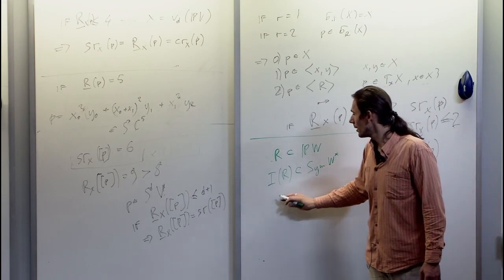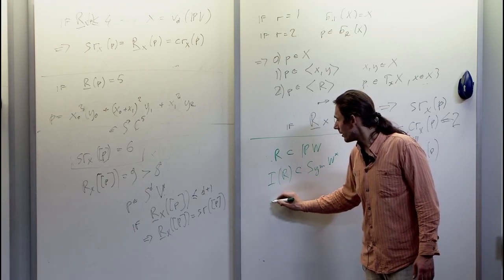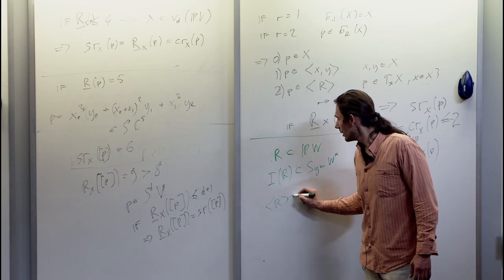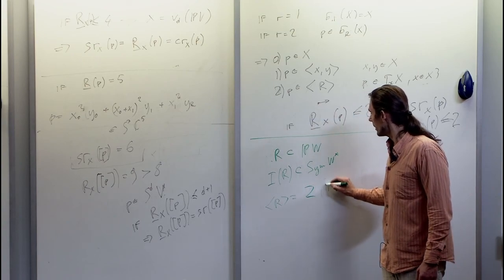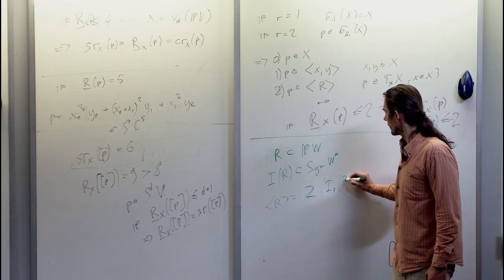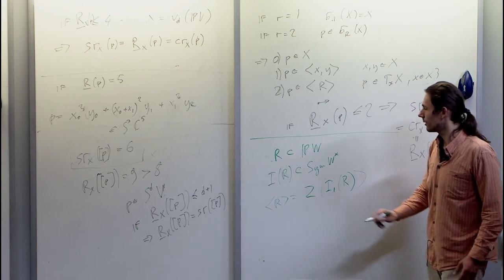And you just look at the linear span of R. It's just the zero set of the ideal.